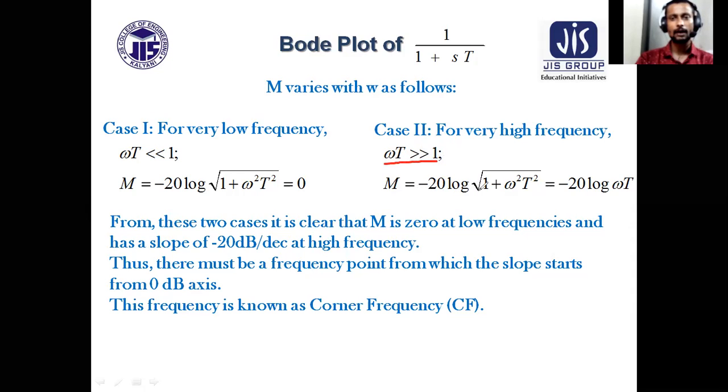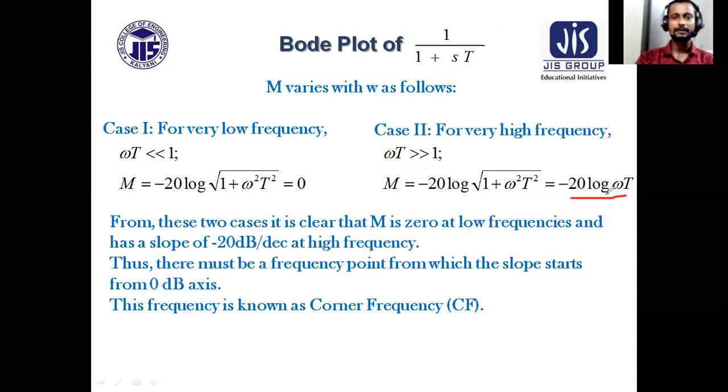Minus 20 log under root 1 plus omega square t square. As omega square t square is much larger than 1, this 1 could be neglected compared to omega square t square. So this equation would be reduced to minus 20 log under root omega square t square, that is minus 20 log omega t.